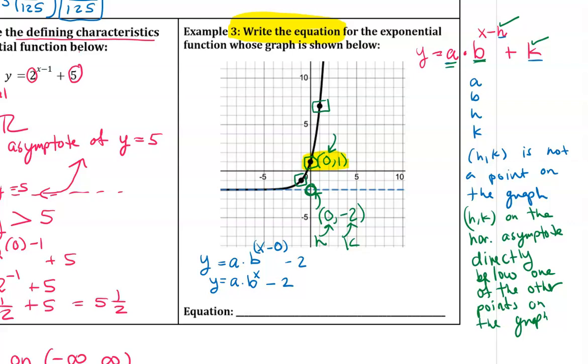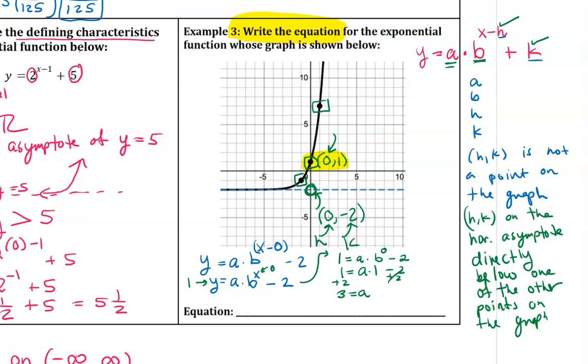So I'm going to plug in 0 for x and 1 for y in my equation temporarily to see if I can find a. So I get 1 equals a times b to the power of 0, minus 2. B to the power of 0 equals 1. So I get 1 equals a times 1, minus 2. Then I add 2 to the other side, so I get 3. A is 3.